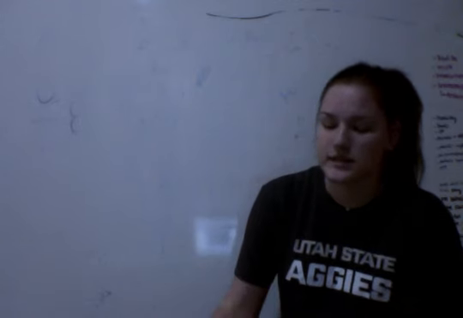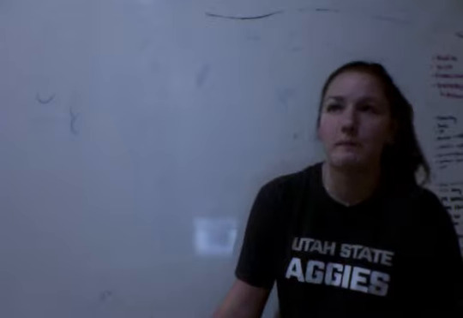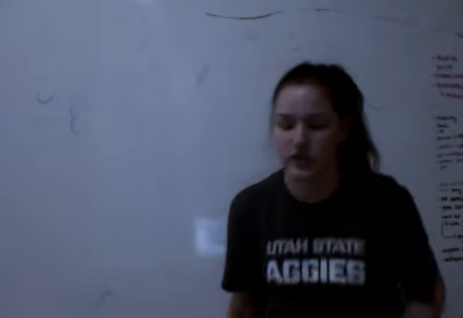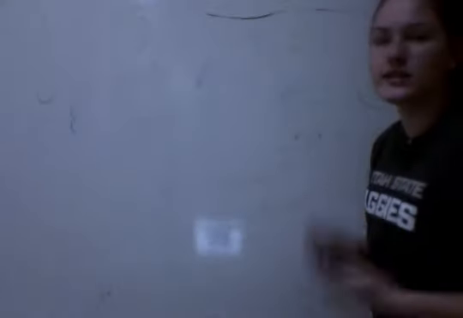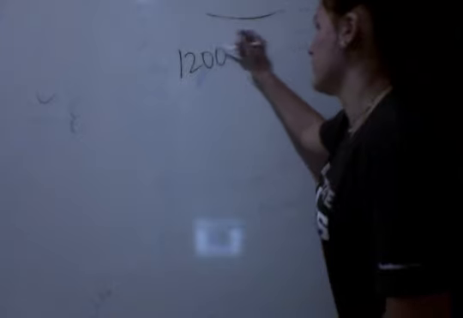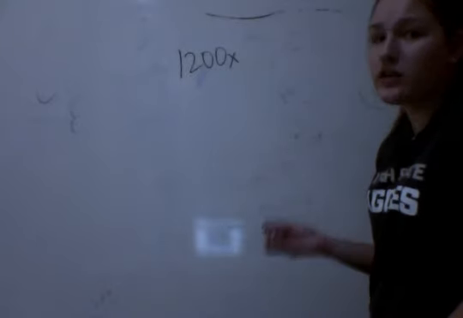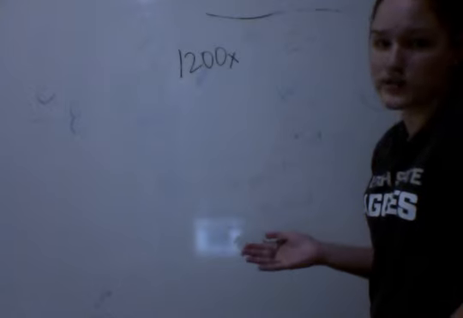So if she says your total magnification is, and I'll write this one down because then it's easier to see. So let's say she says your total magnification is 1200 times. Now, with most microscopes, your ocular lens is going to be 10 times, but you can't always assume that.